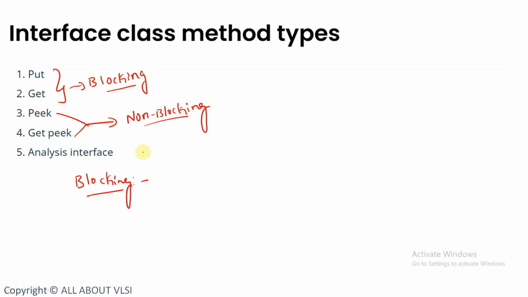Whereas in the case of non-blocking, we move forward whether the process is completed or not completed. The response is given by the non-blocking methods. If the response is 1, the process was successfully completed, and if the response is 0, the process was not completed. We will discuss in more detail what is meant by blocking and non-blocking, and how exactly they work.